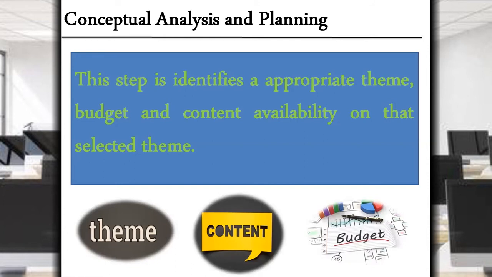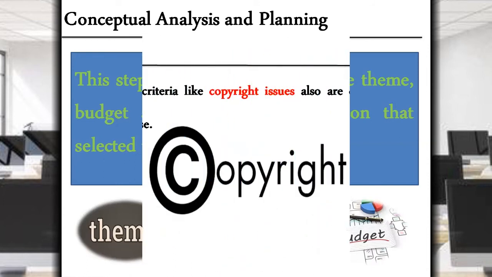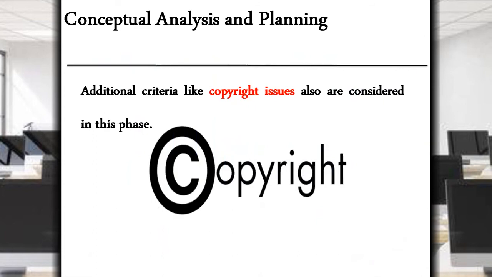The plan to spend for the project we call as budget. Apart from that, in conceptual analysis and planning, one more criterion is added, that is called copyright issues. Restricting unauthorized users from using this multimedia project, we call that as copyrights.